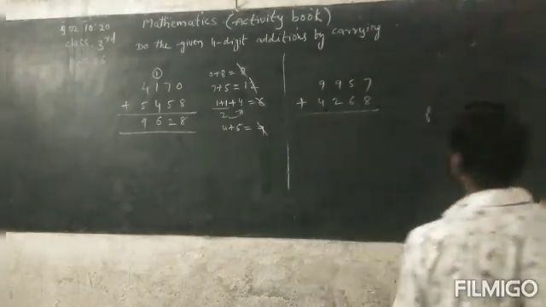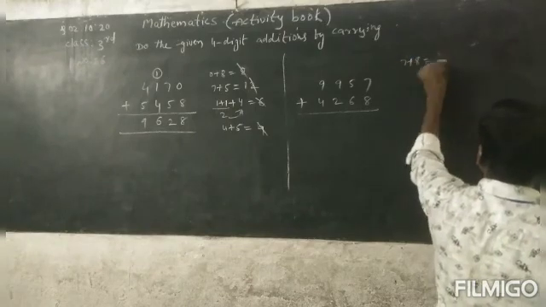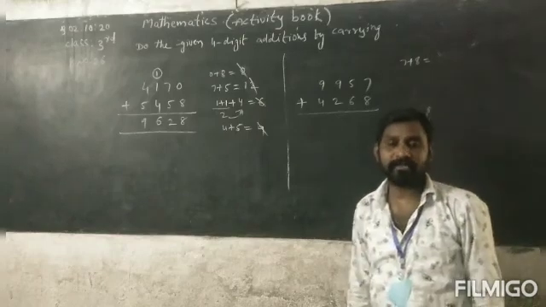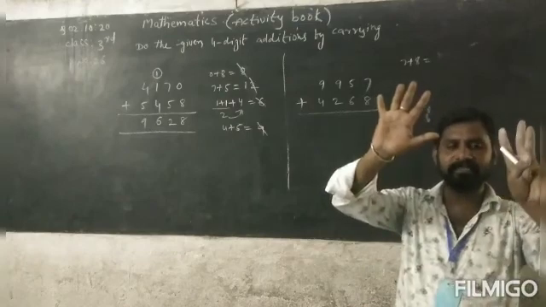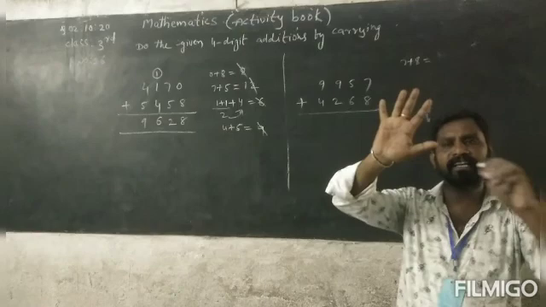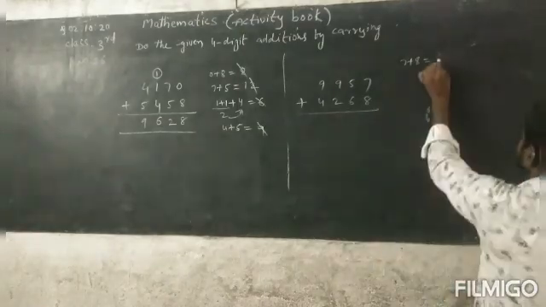First, add the digits in the ones place. 7 plus 8. You can count directly. 7 plus 8, so 5 fingers plus 8 fingers. After 7 count 8, 9, 10, 11, 12, 13, 14, 15.